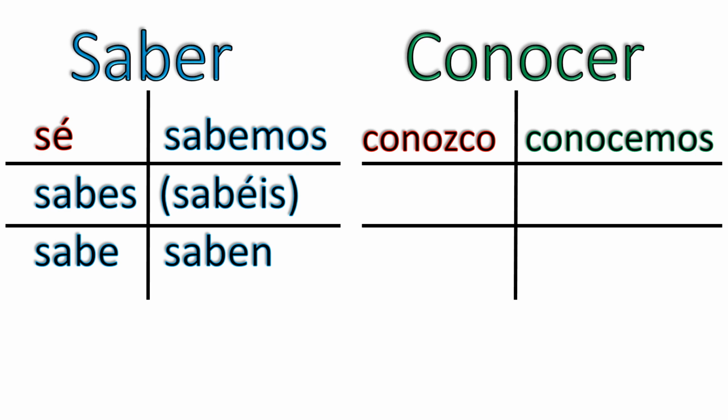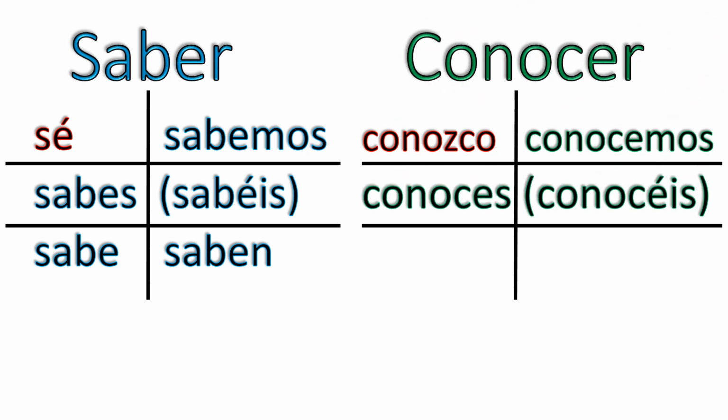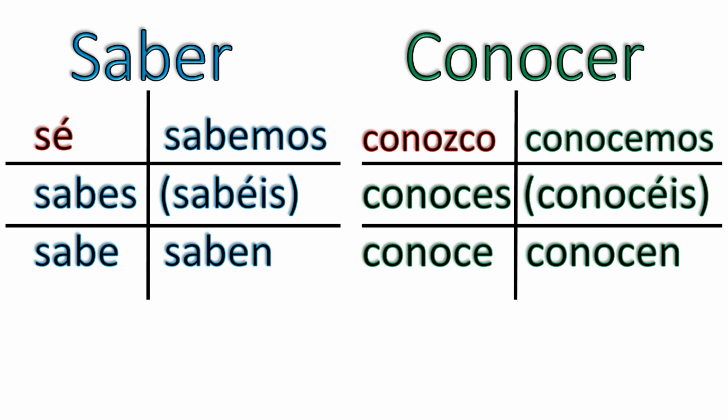The C is a soft C, so yo conozco, and that Z helps us to kind of, I don't know, make that sound. That's my theory. Anyways, everything else is regular. Nosotros conocemos, tú conoces, vosotros conocéis, ella, él, or usted conoce, and ustedes, ellos, and ellas conocen. Regular ER verb except for that irregular yo form.